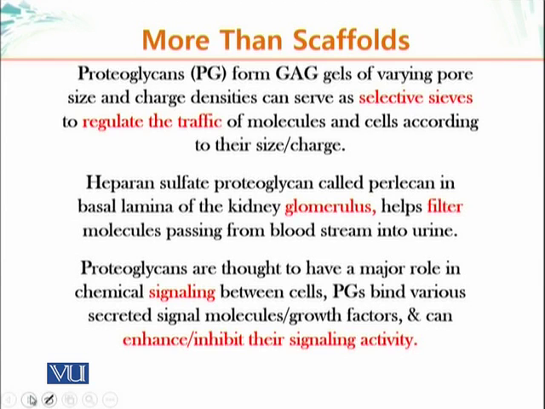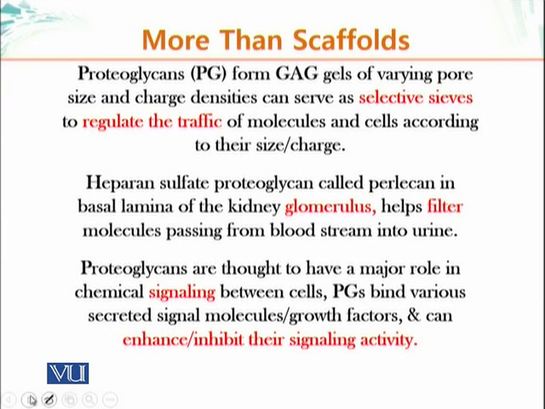Just as you use a sieve when pouring tea to filter the tea leaves from the fluid, these sieves in a similar fashion can select what molecules can pass through and what molecules cannot enter. For example, if they're negatively charged, they will resist negatively charged entities from going through these gels.